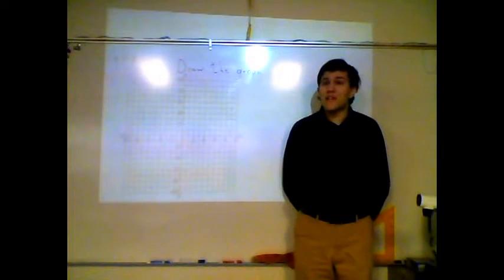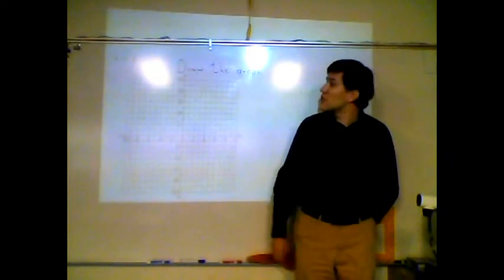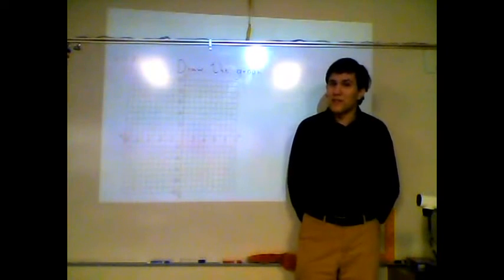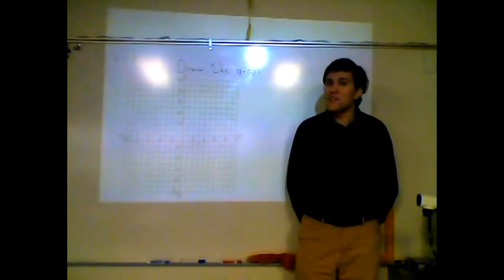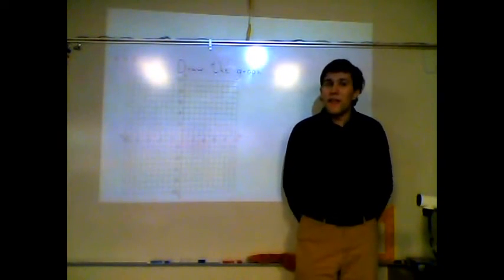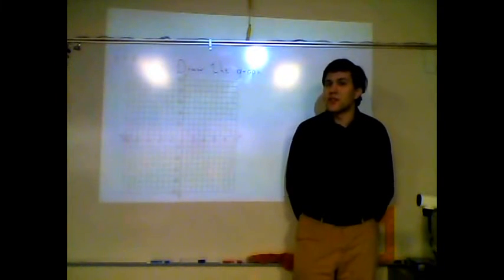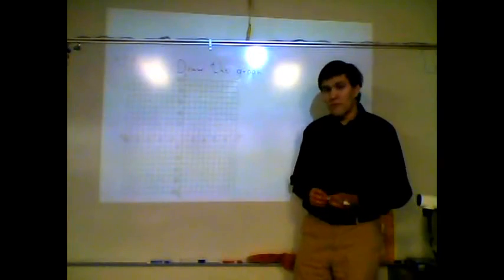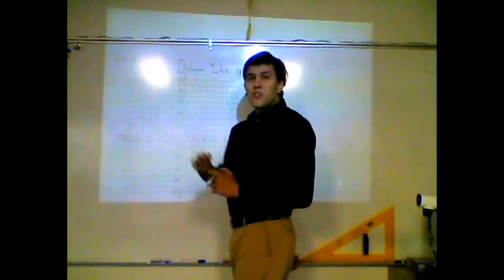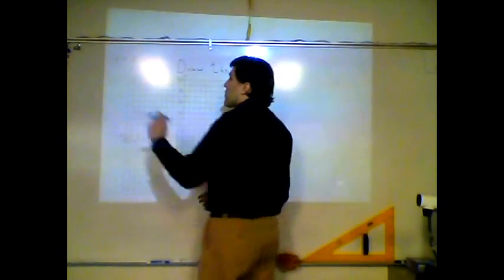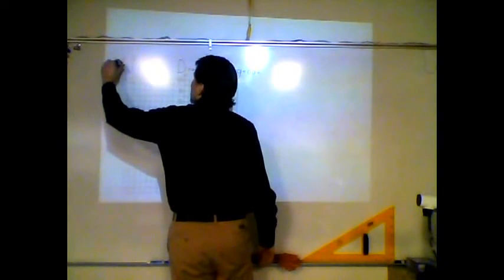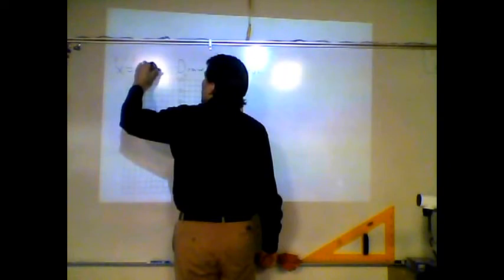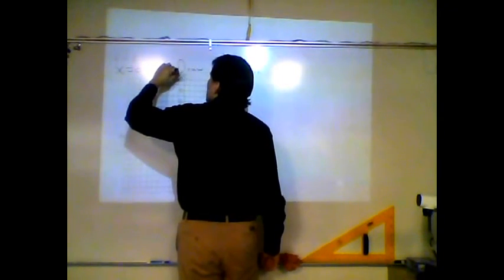For our second practice problem, we are given an equation, x equals 3, and asked to draw the graph. Again, please pause the video while you work, and press play again to see the solution. This is one of our special cases. Remember from the video before that x equals equations are going to be vertical lines.